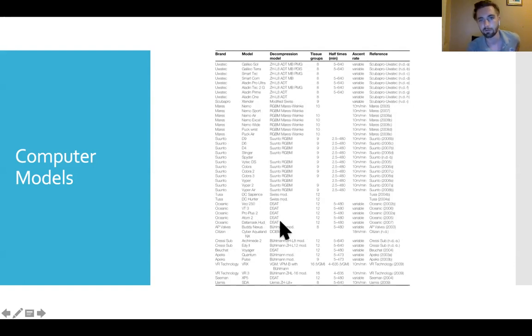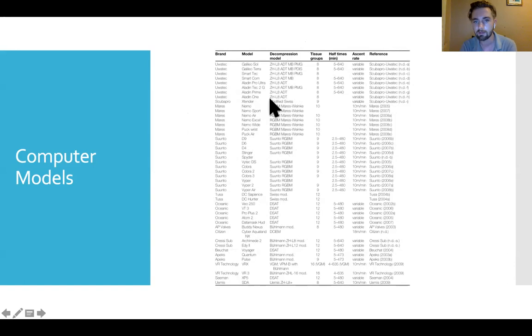This is kind of an overview of a lot of the common dive computers out there. You can see the number of tissue groups being used, the range of half times that they're using in their compartment, the type of ascent rate, and the decompression model that they're using. So you can see there's quite a few using variations of the RGBM.